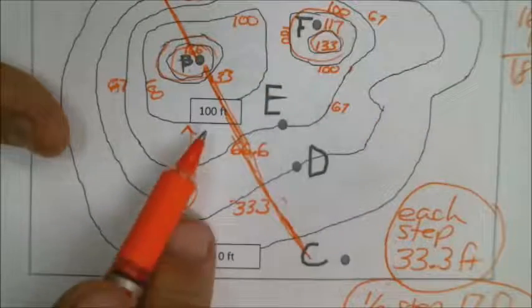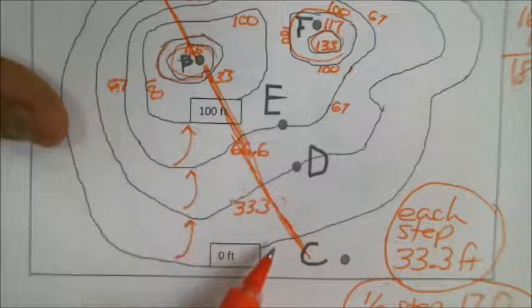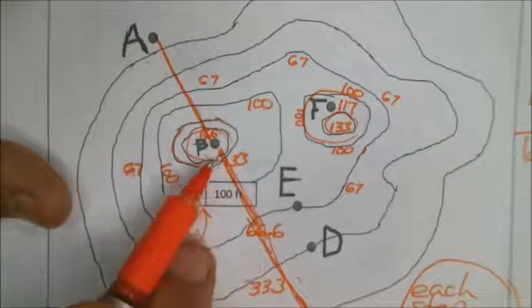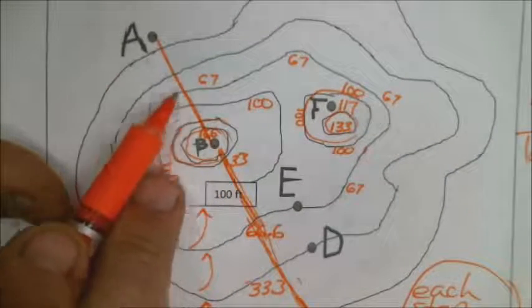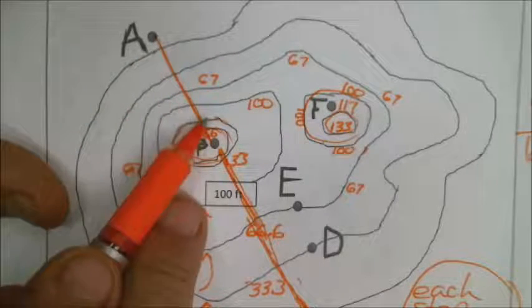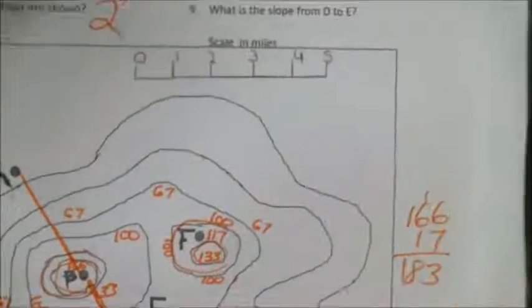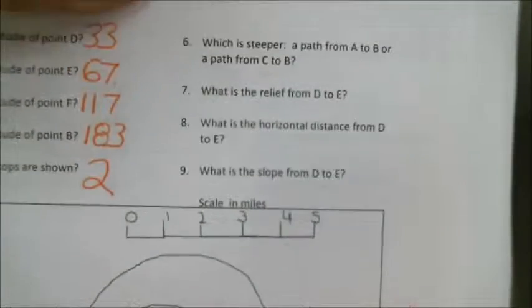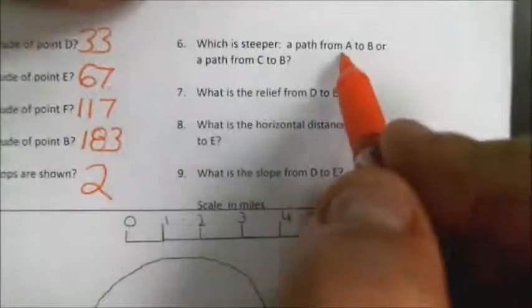Notice how spread out these contour lines are. So the contour lines on the top, on the north side, are closer together, and so that's going to be the steeper path. So question number 6, the answer is going to be the path from A to B.